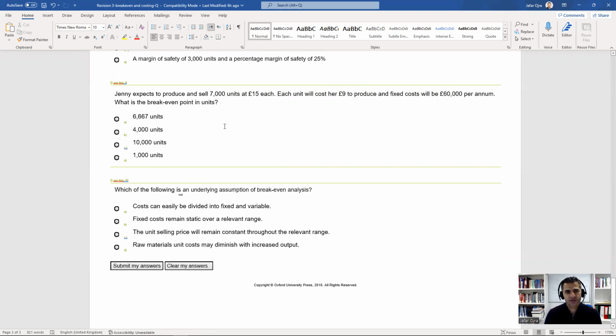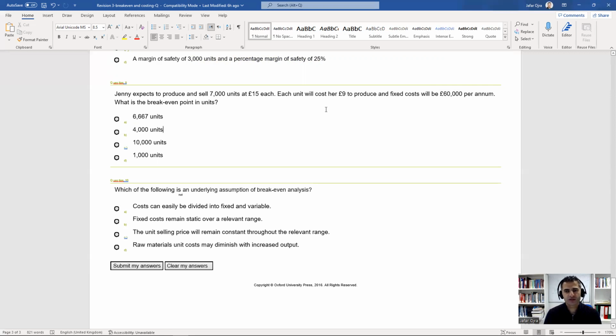Again, what you need to do is calculate the break-even point, which is the formula. You should be able to know the formula, which is the fixed cost, 60,000 pounds, divided by contribution per unit, which is the 15 selling price per unit minus variable cost per unit 9.